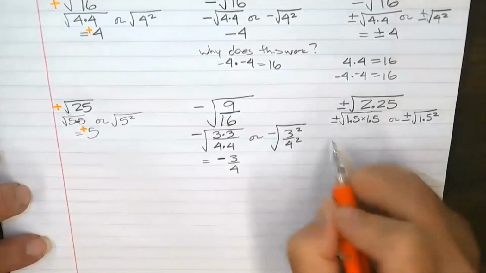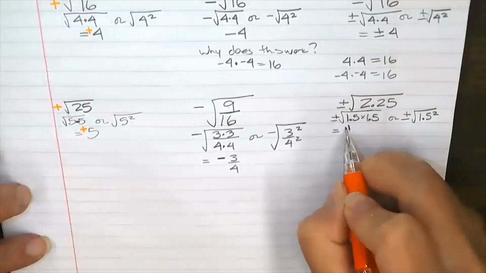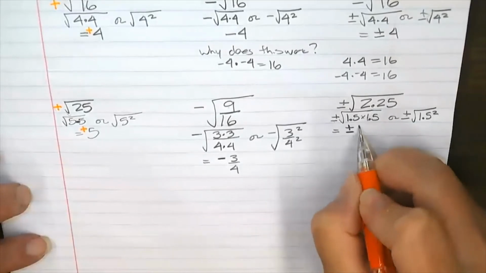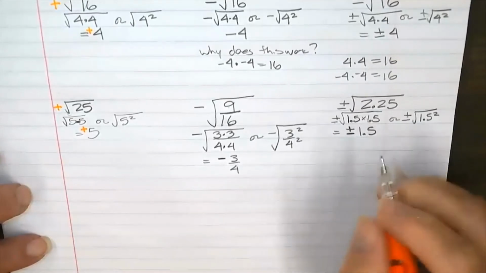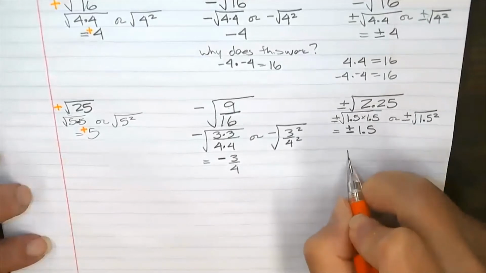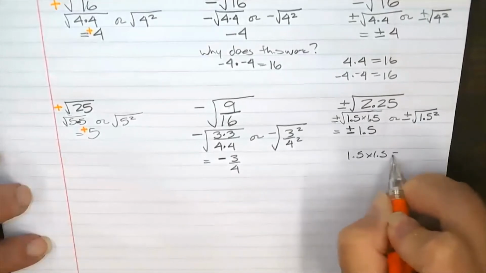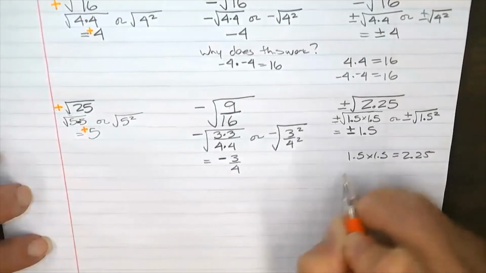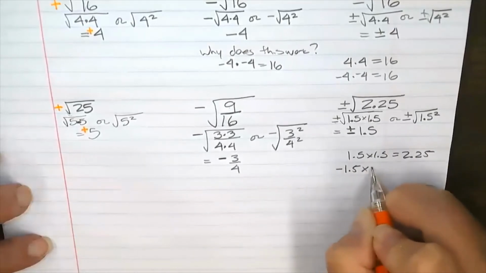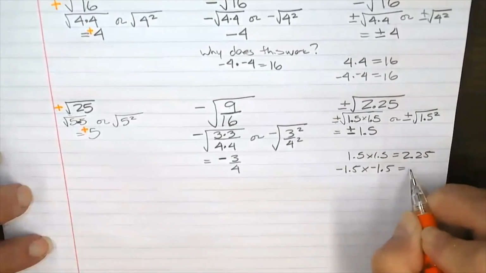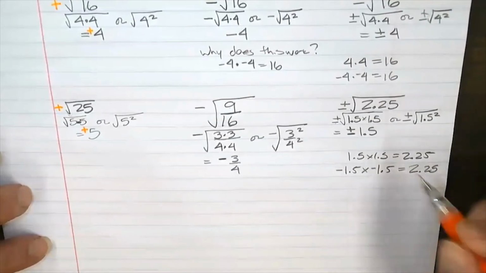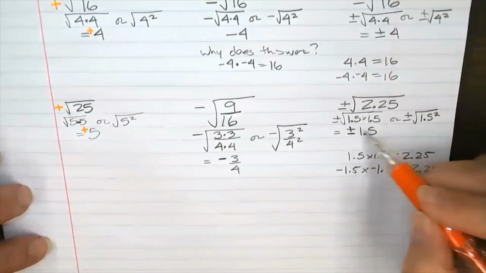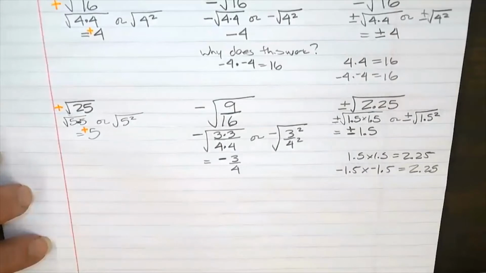So my answer here is positive, negative 1.5. Why is there 2 answers? Well, because 1.5 times 1.5 equals 2.25, but negative 1.5 times negative 1.5 still equals positive 2.25. That's why there's technically 2 answers, positive 1.5 and negative 1.5.